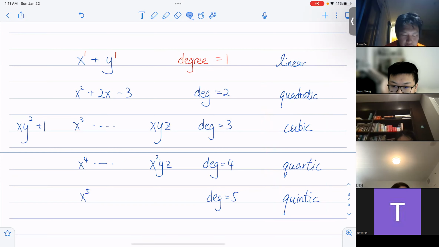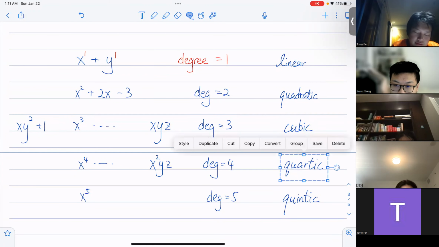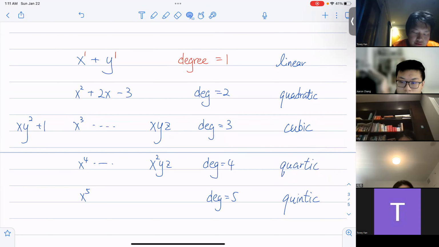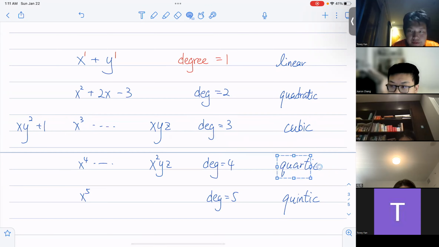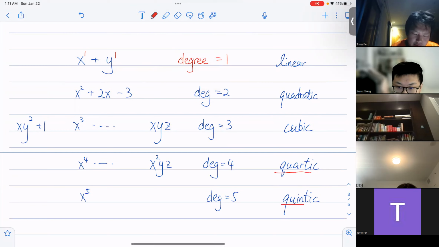For the last 3, it shouldn't be hard, because degree being 3 is x cubed, so we call it cubic. And for quartic, it's literally just the root word of quarter. Quarter means 4, right? Quart means 4. So quartic just means degree being 4. And quintic, quint, is actually a root word for 5.